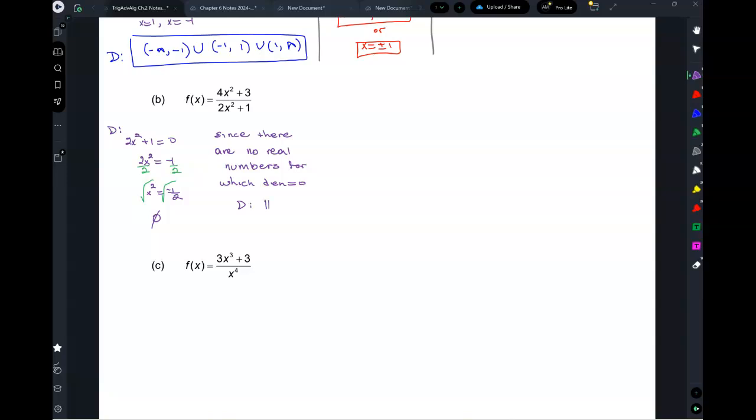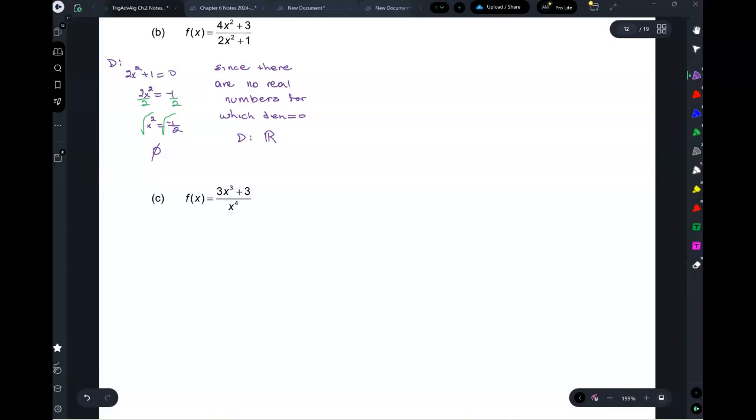One way of writing all real numbers is like this. Double bar, and then R from the first bar. Or all real numbers essentially means from -infinity to +infinity, right? So you can also say -infinity to +infinity. So gradually, we're going to go to that other notation.